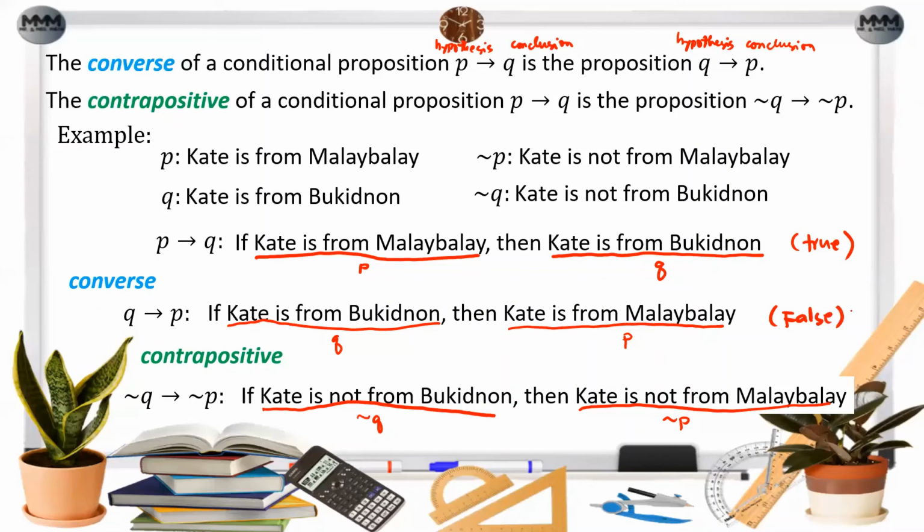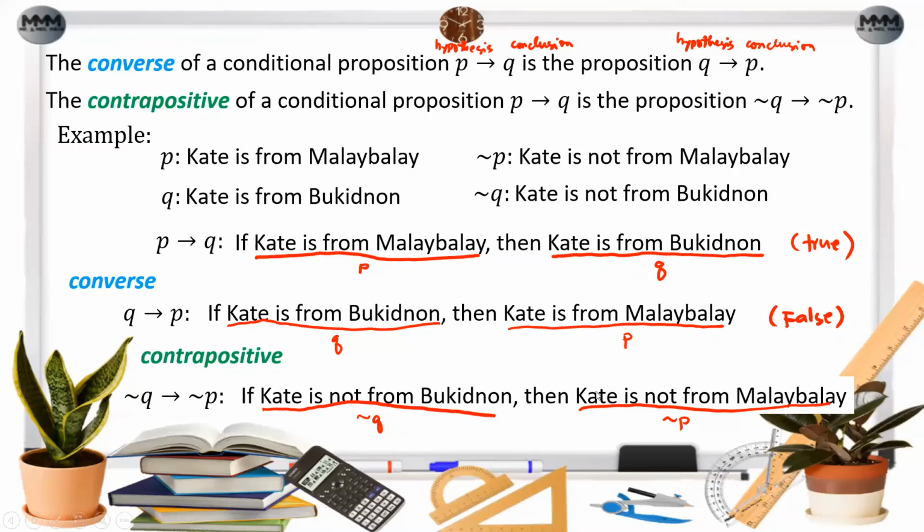Okay? Now let's have here the contrapositive. If Kate is not from Bukidnon, of course, she could be outside of Malaybalay. She is not from Malaybalay. Because she is not from Bukidnon, it is always true that Kate is not from Malaybalay, right?